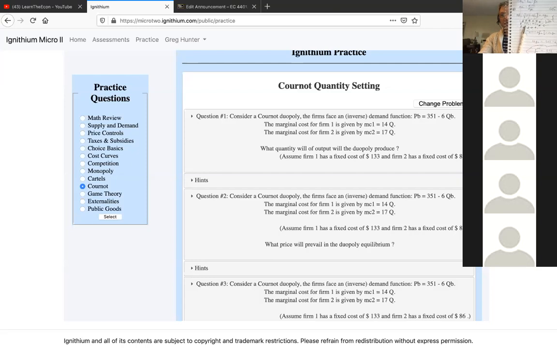Yes, so for the next case it's going to be MR2 equals MC2. If you don't start with that, you're not going to get anywhere. So the first line should be MR2 is equal to MC2. Now, MC2 is given to us, right? We have 17Q2.